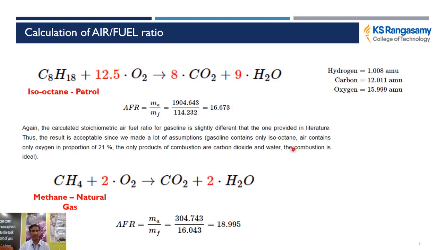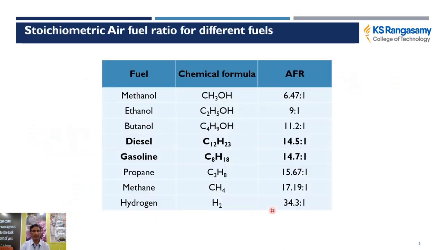Like that we can find the stoichiometric air-fuel ratio for different fuels. Another example mentioned in this slide is methane. For methane we need 2 oxygen atoms for the chemical balance, and the stoichiometric air-fuel ratio comes to around 90. Based on the chemical formula of the fuel, we balance the chemical equation and find the stoichiometric air-fuel ratio.